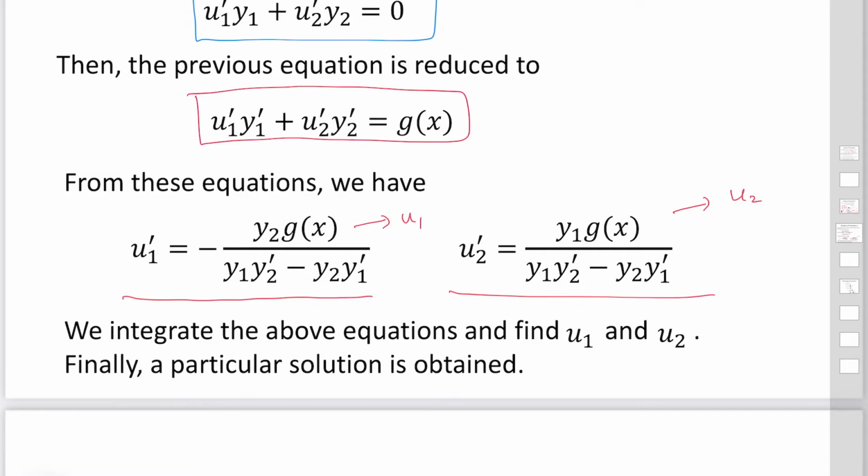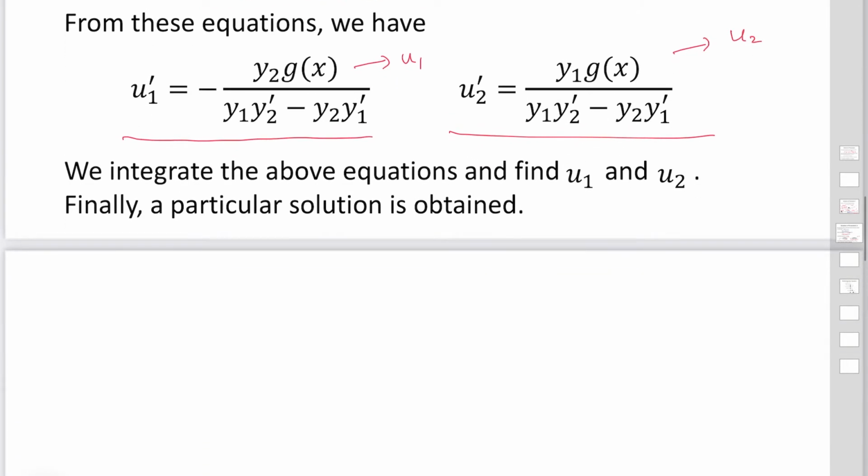Once we have u sub 1 and u sub 2, we could find the particular solution, because the particular solution is expressed as u sub 1 y sub 1 plus u sub 2 y sub 2. So using the variation of parameters method, we could find a particular solution.